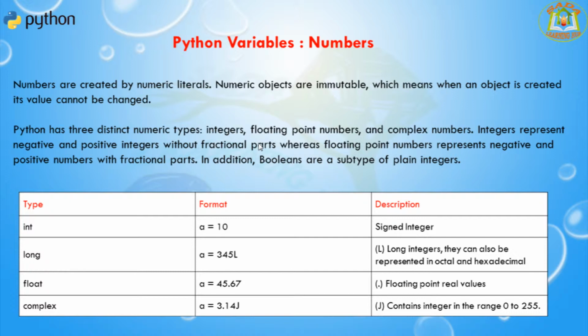Integers represent negative and positive numbers without a fractional part, whereas floating point numbers represent negative and positive numbers with fractional parts. In addition, Booleans are a subtype of plain integers.